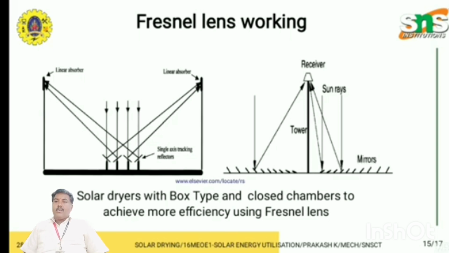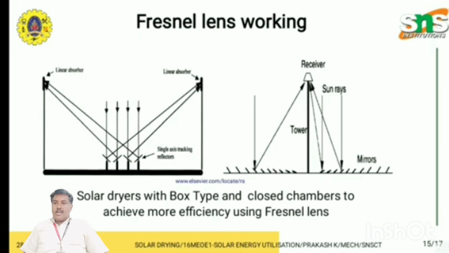In the first picture you can see there is an observer. The observer is nothing but where the solar radiation is absorbed. You can see on the center part there is a single axis tracking reflector. The reflector absorbs the solar radiation from the sun and reflects it back towards this observer.